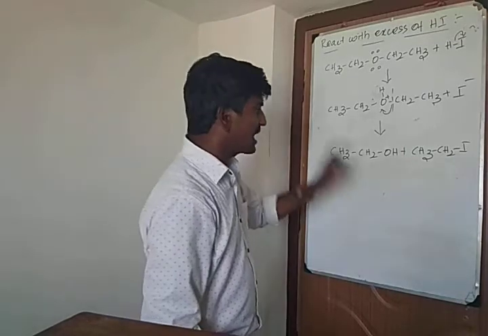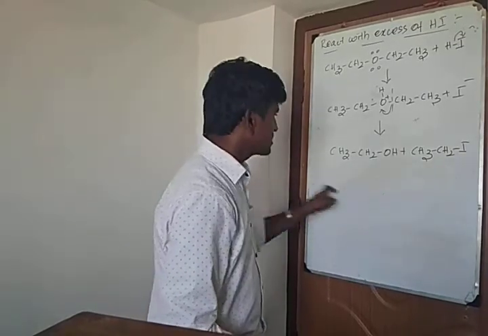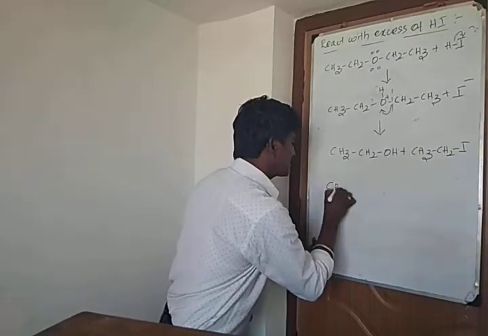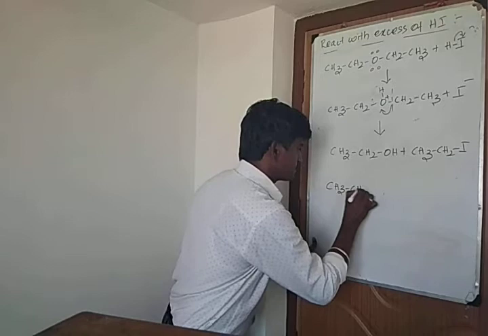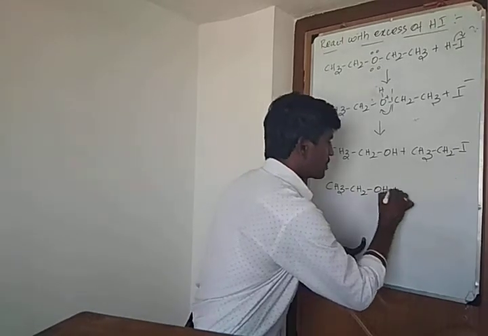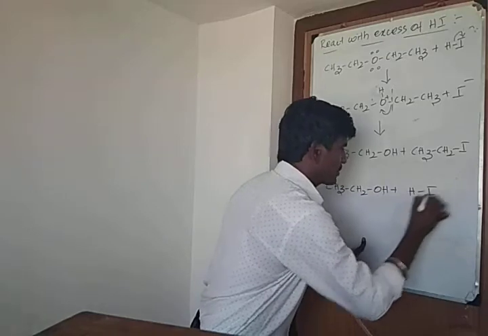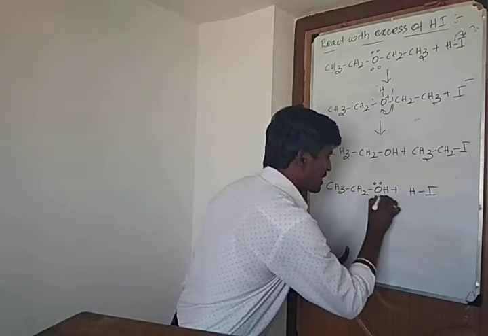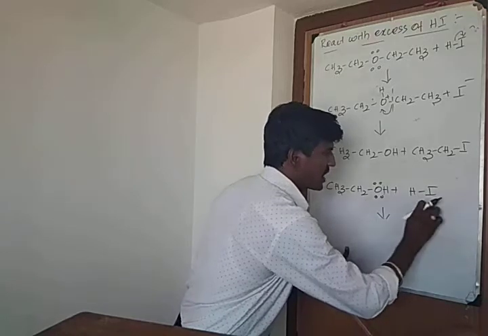Am I right? So again, 1 mole of hydrogen iodide reacts with alcohol. This alcohol reacts with another 1 mole of hydrogen iodide. What will happen? Same process. Oxygen has 2 lone pairs of electrons. Here compare hydrogen and iodine.